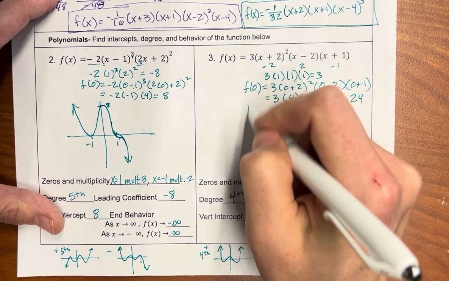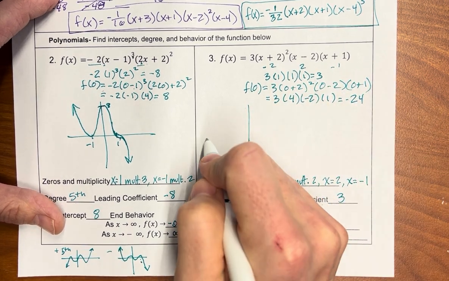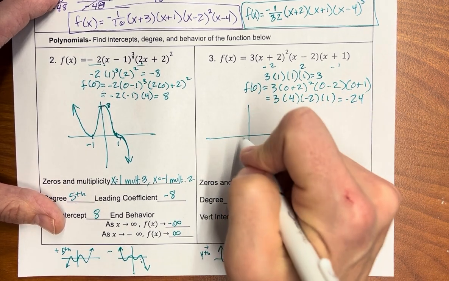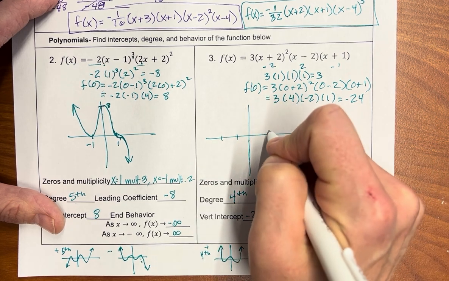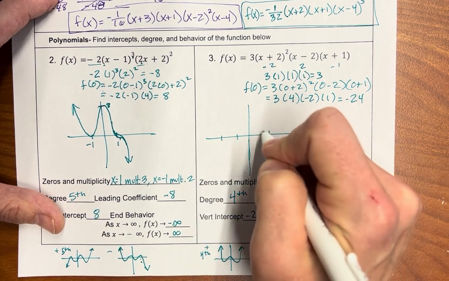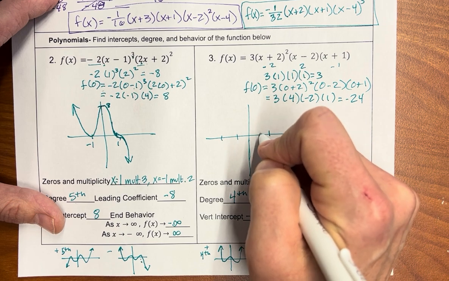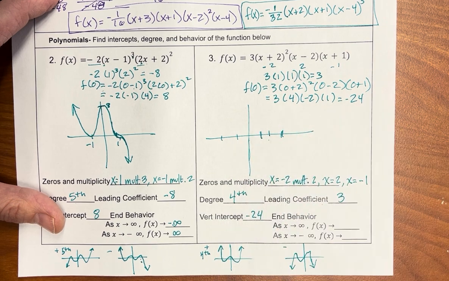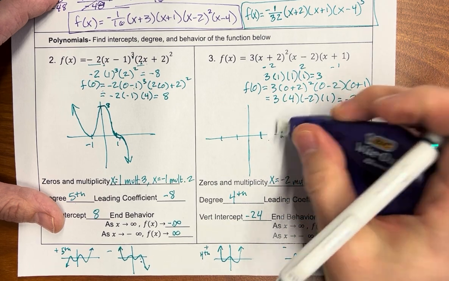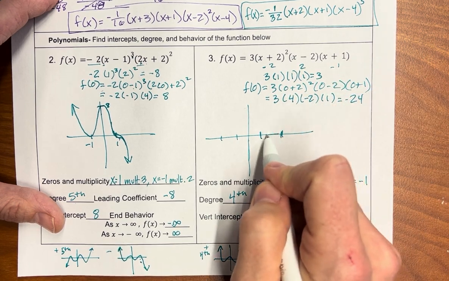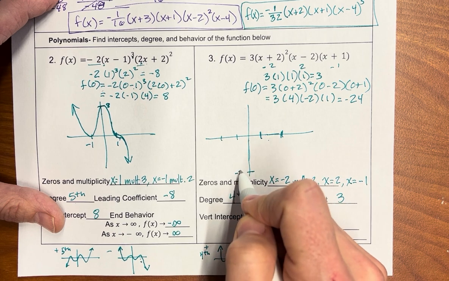Cool. All right, let's sketch this. If I'm sketching this graph, I have zeros at -2, -1, and +2. And we'll say we have -24 here.